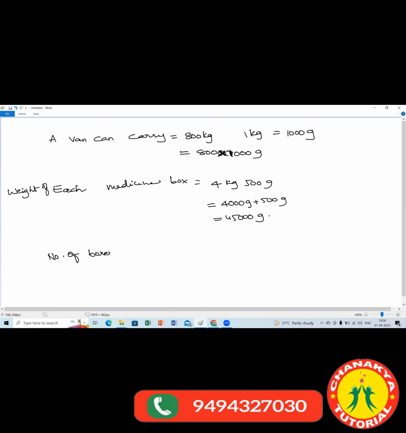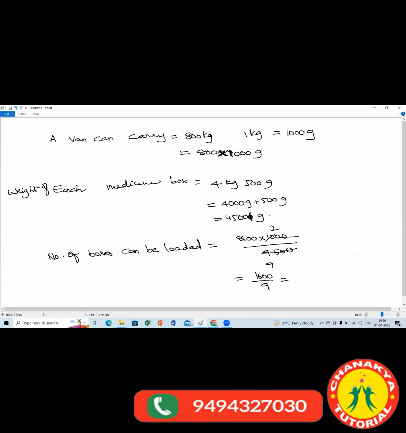Now, the number of boxes that can be loaded in a van is 8,800 into 1000 divided by 4,500. So cut 2 zeros, 2 zeros. Then 2 times 9 times. 8 twos are how much, children? 1600 by 9.